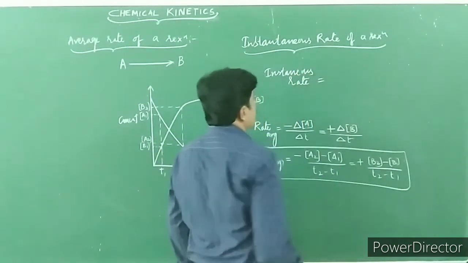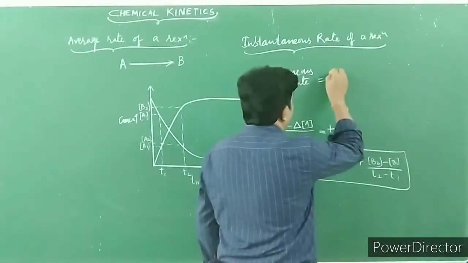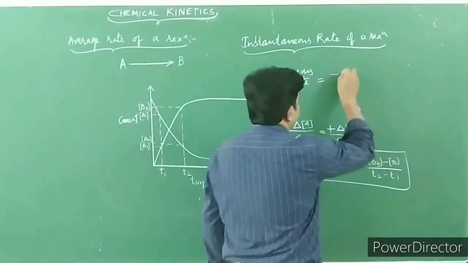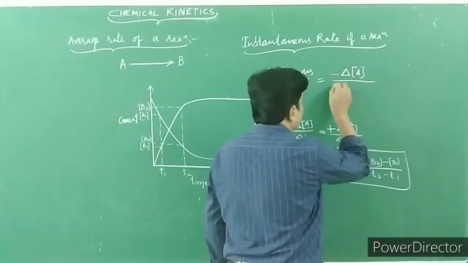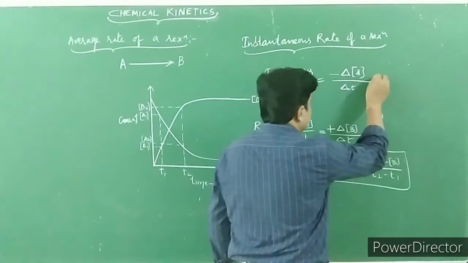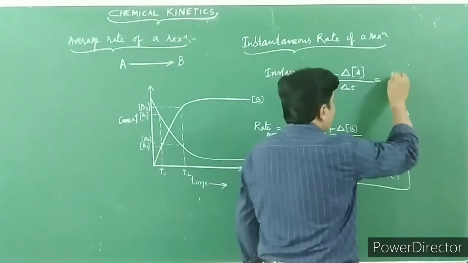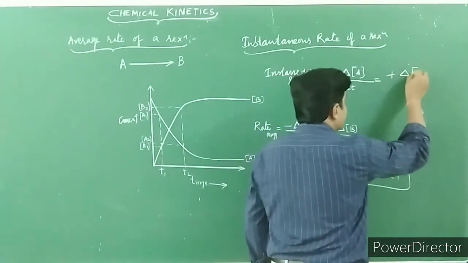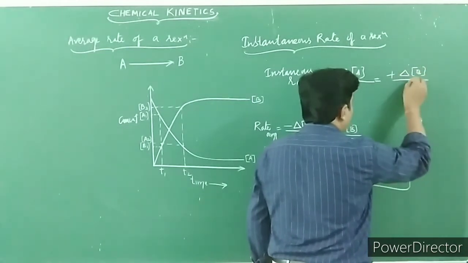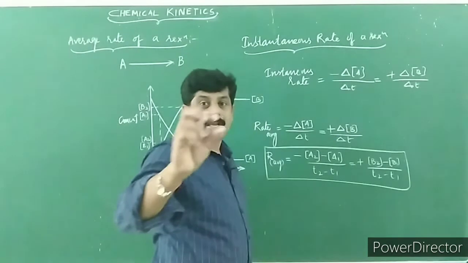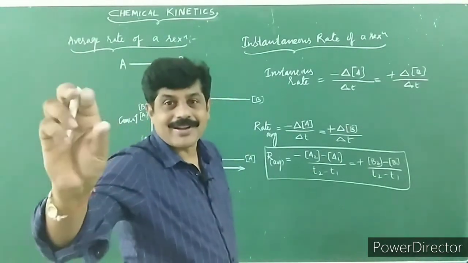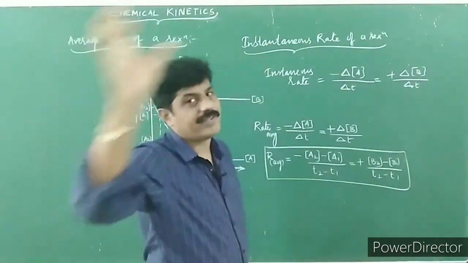Rate is equal to minus delta A upon delta T, that is equal to plus delta B upon delta T. Remember, we are measuring at a particular period of time, nothing but an instant of time.